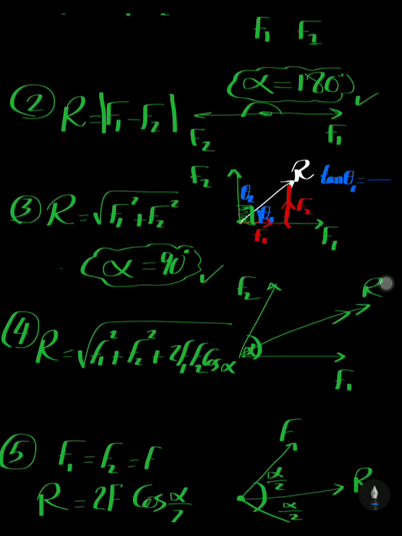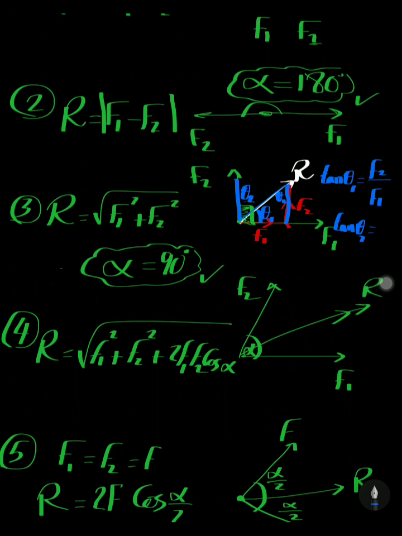Tan equal opposite over adjacent in the right angle triangle. The opposite to theta 1 in this right angle triangle is F2, and the adjacent is F1. So to find the tan theta 1, we make F2 over F1. If we want to find theta 2, to find the tan theta 2, look, theta 2 equal theta 2 here, because alternate, the two angles are alternating.